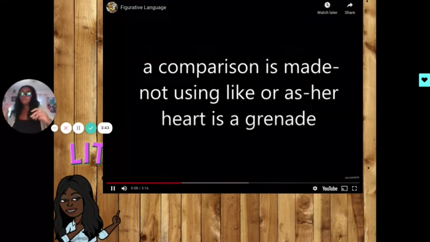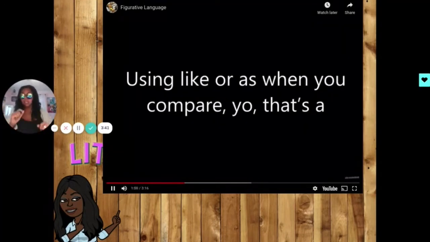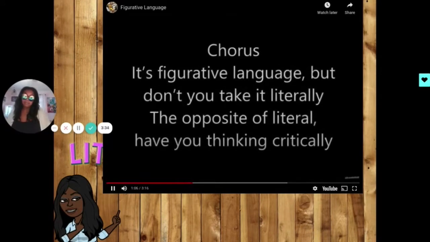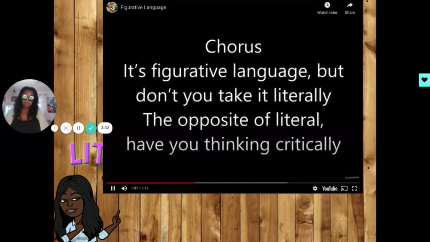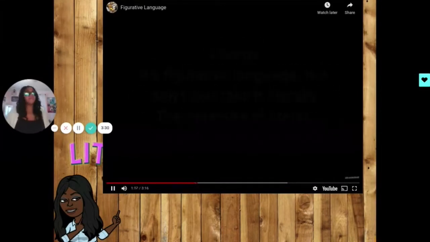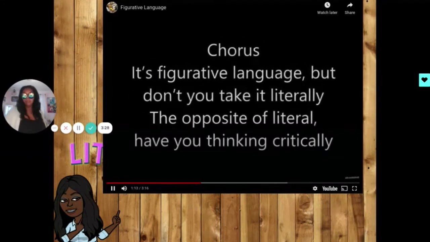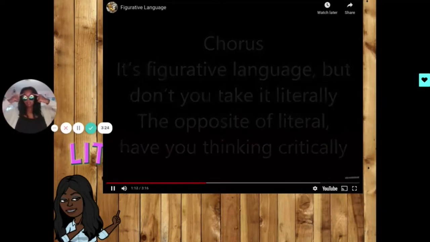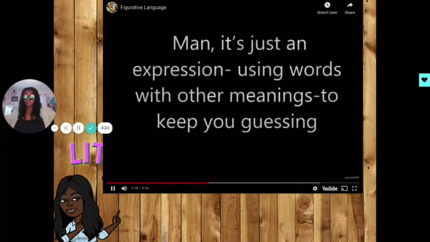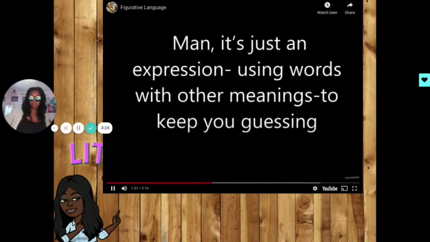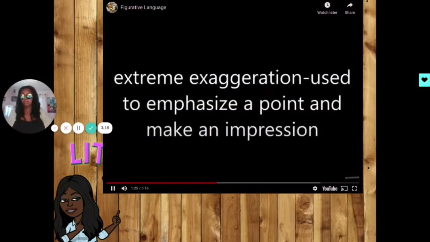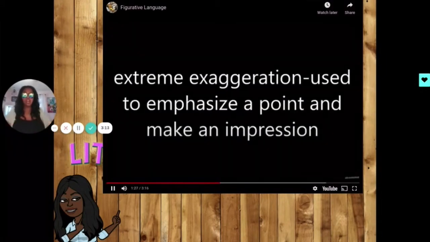Her heart is a grenade. Using like or as when you compare, that's a simile. That smile is like the sun. Idiom: it's just an expression, using words with other meanings to keep you guessing. Hyperbole: extreme exaggeration, used to emphasize a point.